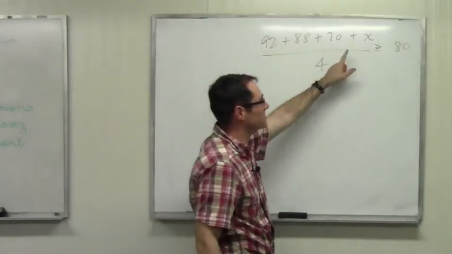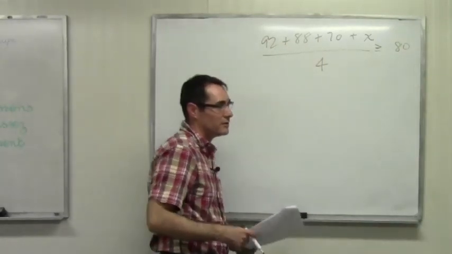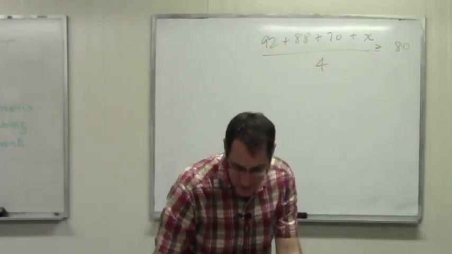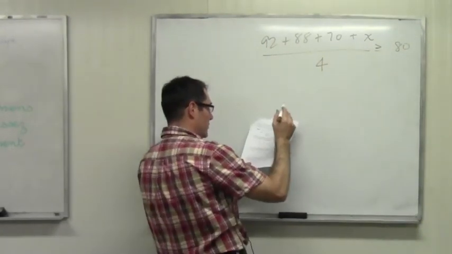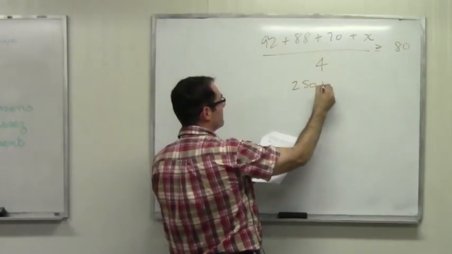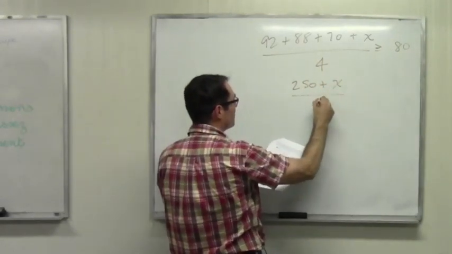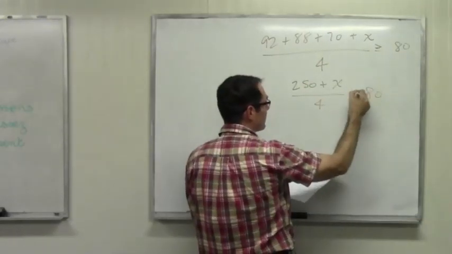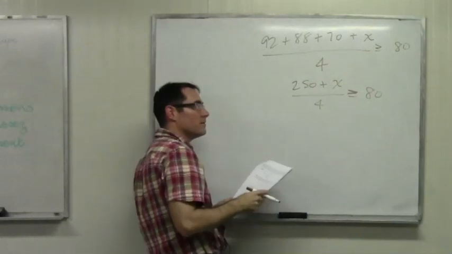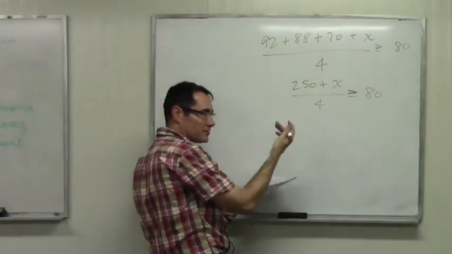92 plus 88 plus 70 plus x divided by 4 gives you greater than or equal to 80. So if you add all these up, you end up with 250 plus x divided by 4 is greater than or equal to 80. Right? Multiply both sides by 4.